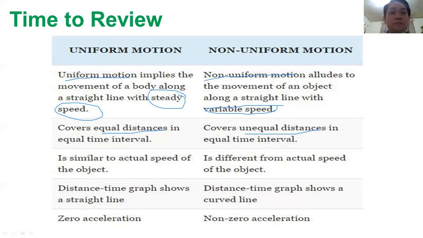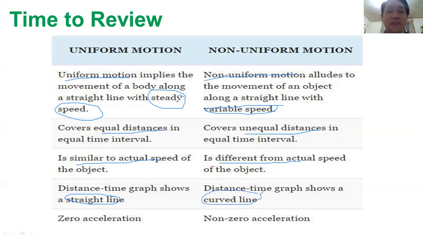Another thing also, uniform motion is similar to the actual speed of the object, while non-uniform motion is different from the actual speed of the object. Now, talking about the distance-time graph, in a uniform motion it shows a straight line, while in a non-uniform motion, the distance-time graph shows a curved line.